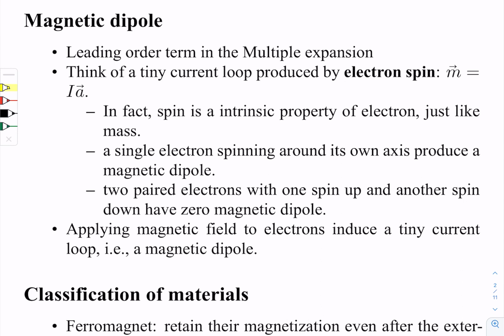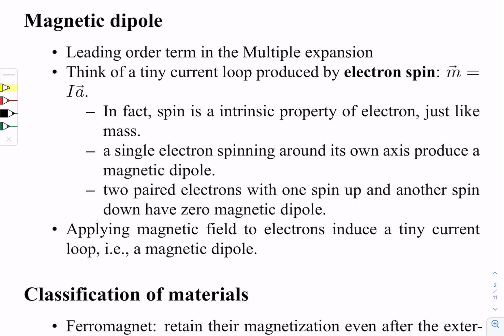The electron spin itself can also be thought of as the electron spinning around its own axis, so it sort of produces a current along the center of mass of the electron itself. And this current corresponds to the leading order term in the multipole expansion.